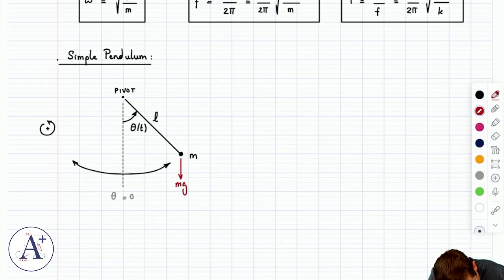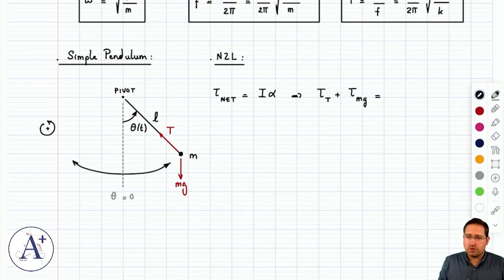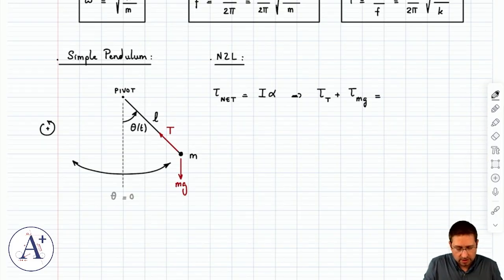We'll start with that. mg, and strings can only pull, so there's tension toward the center here. And then I'm going to write Newton's second law, which is going to be torque net is equal to I alpha. Okay, that's going to be torque due to tension plus torque due to mg is equal to the moment of inertia of a point mass, because the string has no mass.